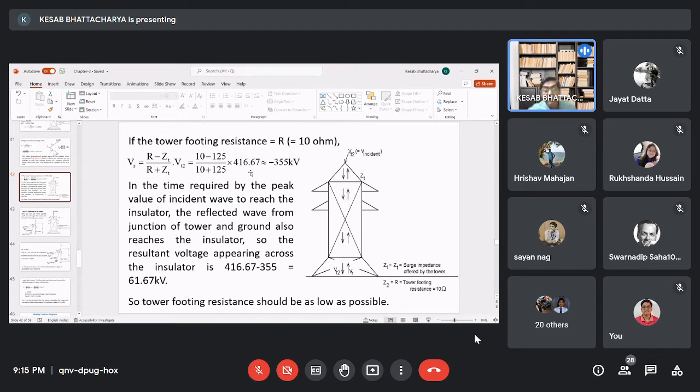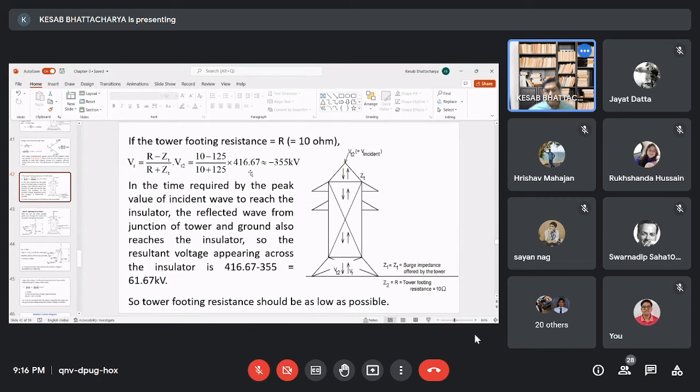So we see that with reduction in the value of tower footing resistance, the reflected voltage is even more, and the net voltage appearing across the insulators is much less. Therefore, as the magnitude of the resistance decreases, the reflected voltage from the tower base will be more and less voltage will appear across the insulators.